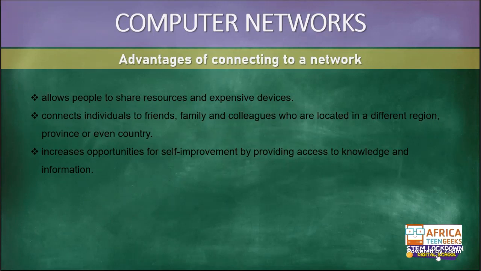Number three, it increases opportunities for self-improvement by providing access to knowledge and information. Imagine how many times you have gone onto the internet when you are given a task at school. You go to the internet and research. Most of the time, the first page that comes up is Wikipedia.